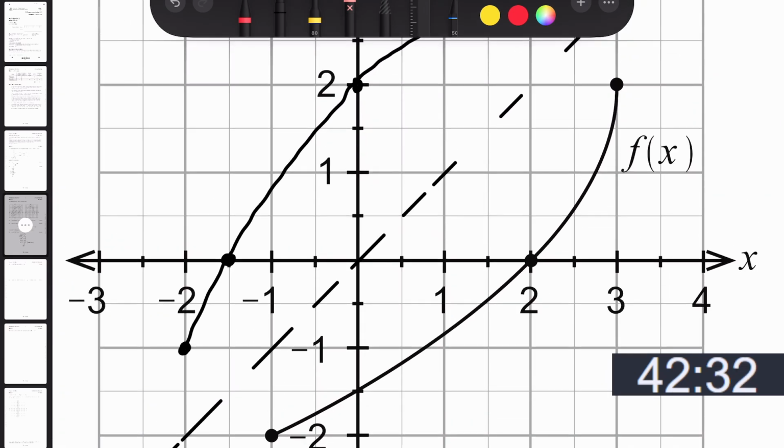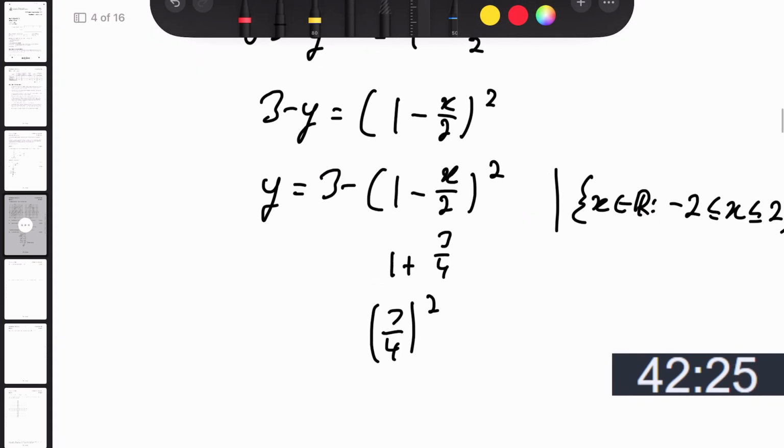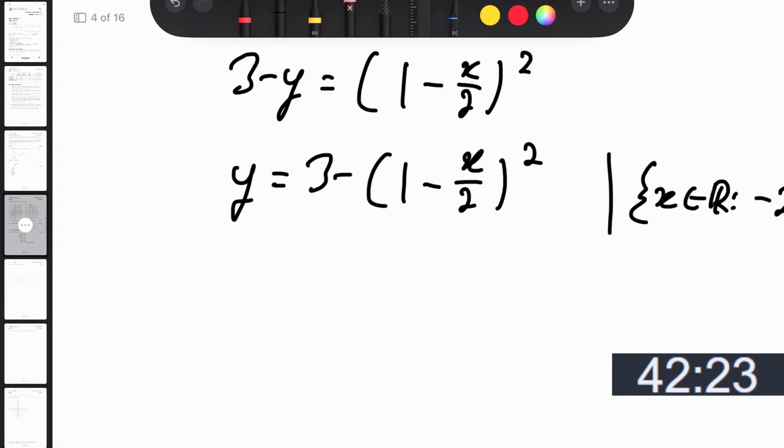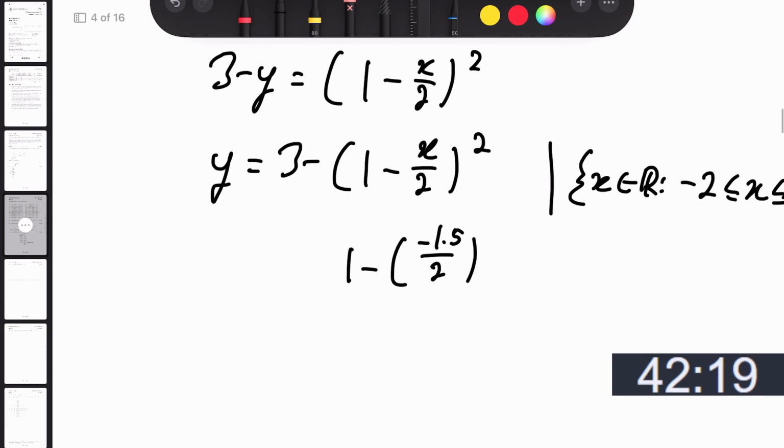Wait, so we go 0, negative 1.5, negative 1.5, 0. All the other points work except for that point. Why does this point not want to work for me?